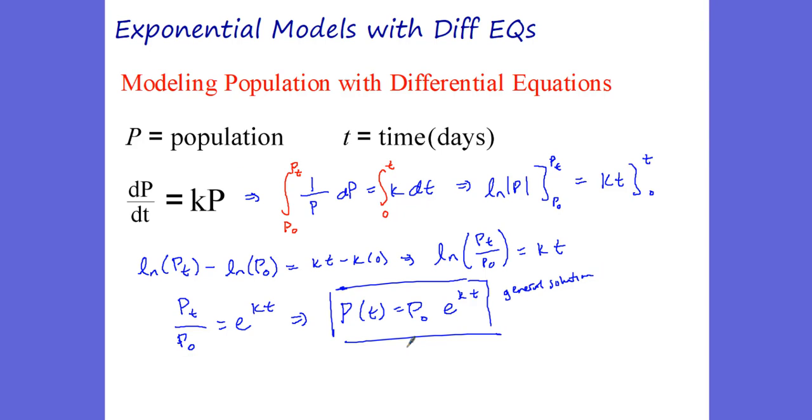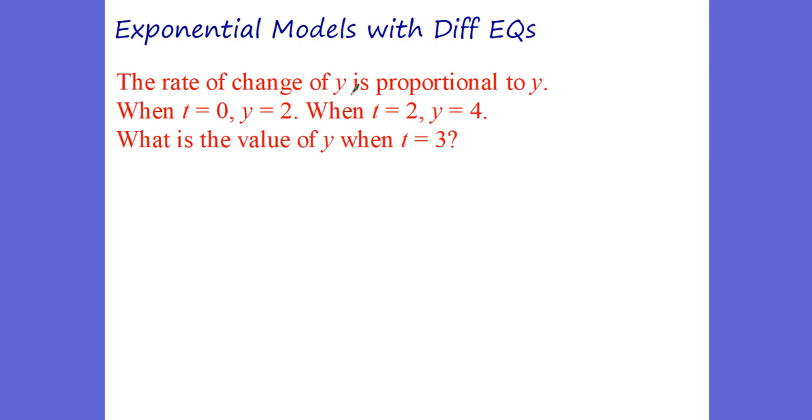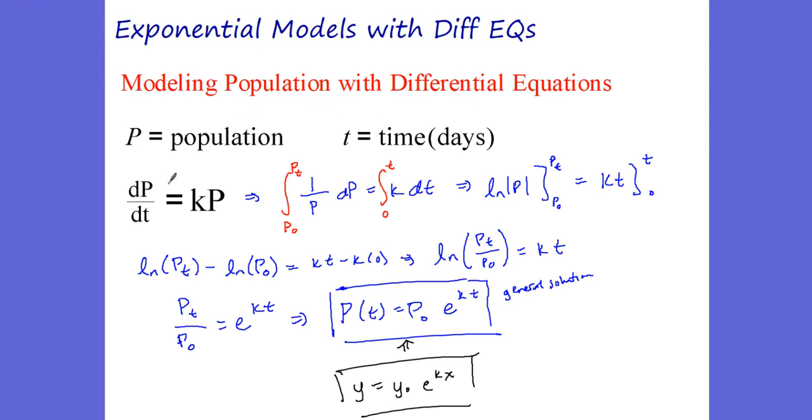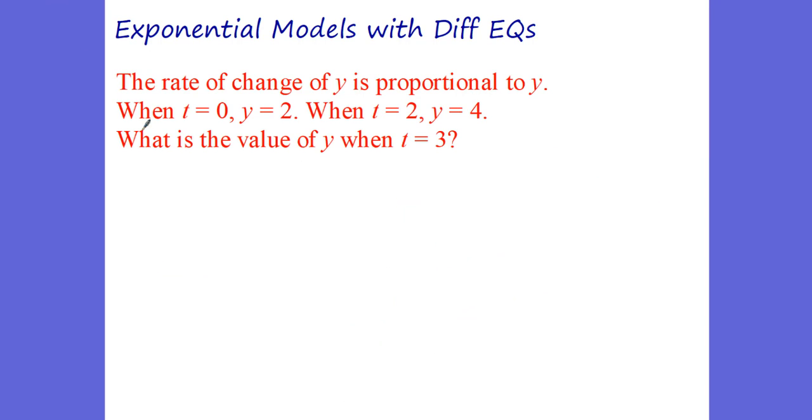Now, you'll also see this in the form y equals y naught e to the kx. It's the exact same equation, just in terms of y's and x's. So if the rate of change of y is proportional to y, then P of t equals P naught e to the kt.